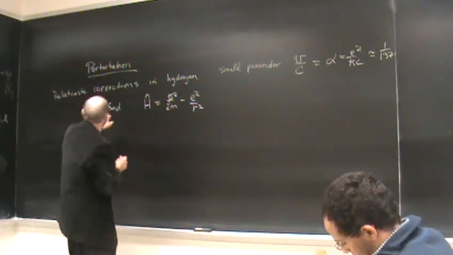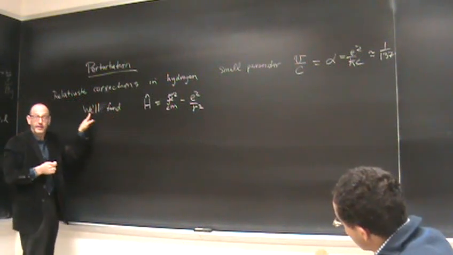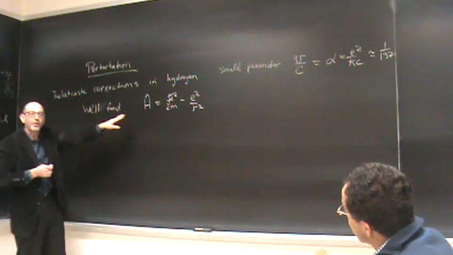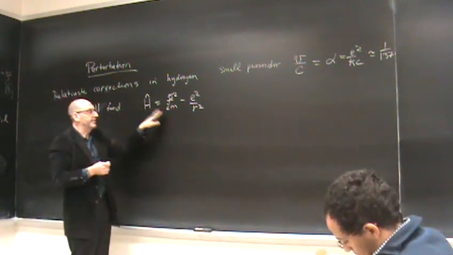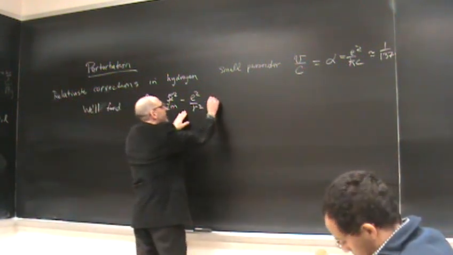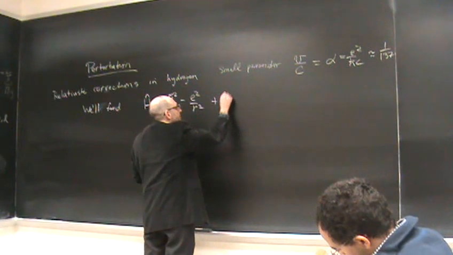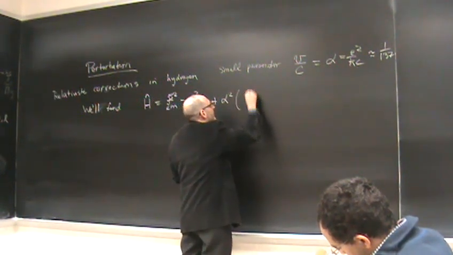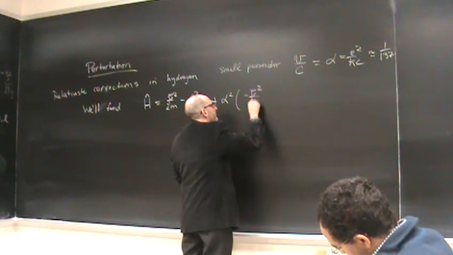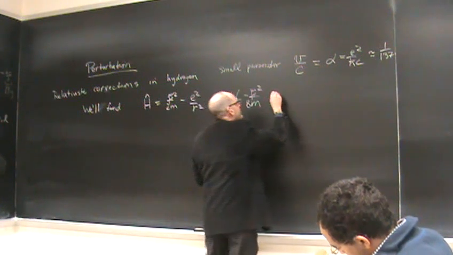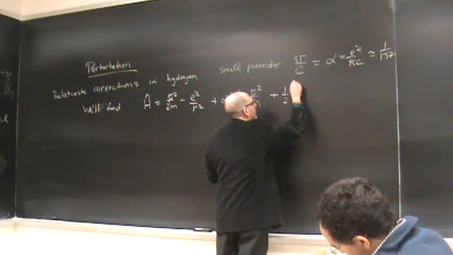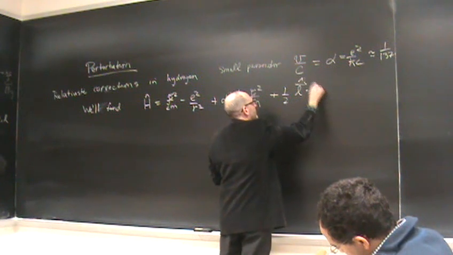But let me continue the line of thought that I was going through over here. So this is the Hamiltonian, and then there are correction terms, and we'll find that they're proportional to alpha squared. There are things like p squared over 8 times the mass, and then a half the coupling of the orbital angular momentum of the electron to its spin.